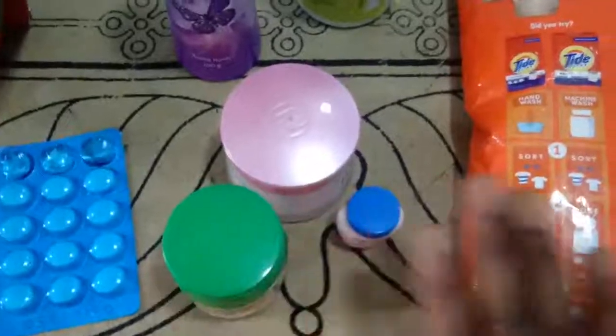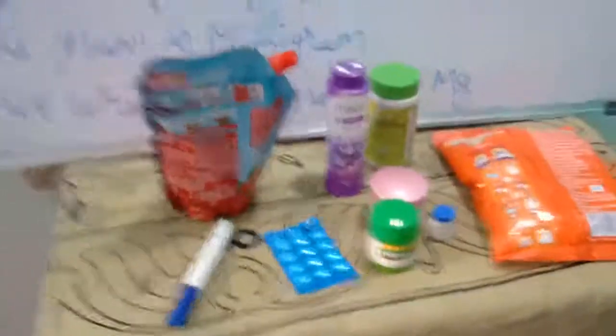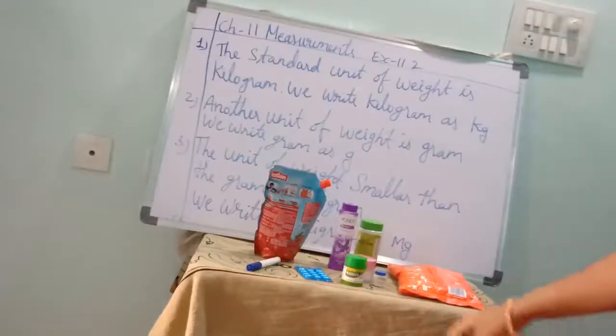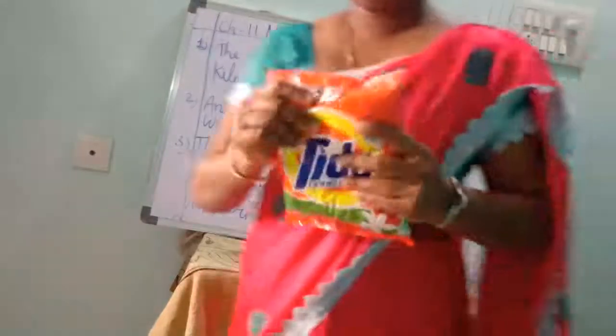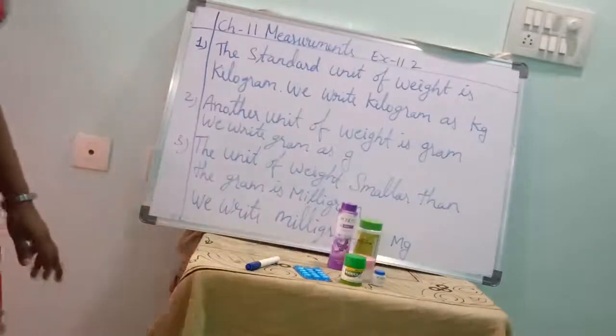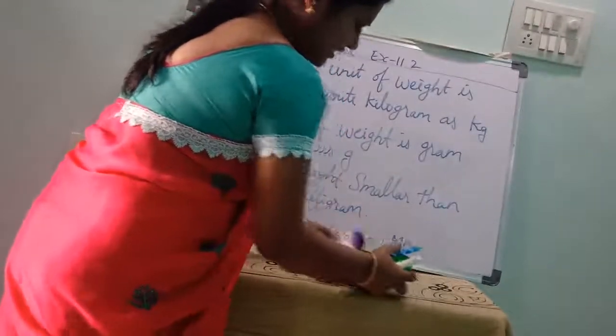Gram is less than kg. Again we will use kgs while we buy fruits, vegetables. Yes or no, children? Children, did you understand? Kgs is greater than grams. Milligram is lesser than gram.